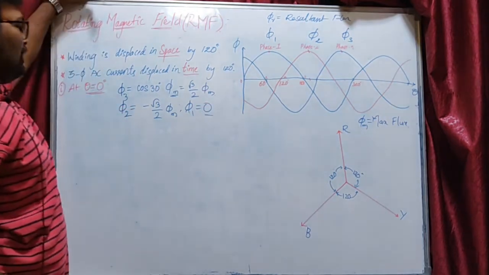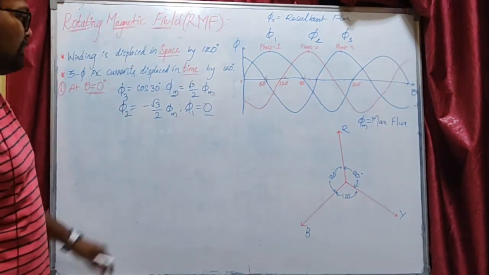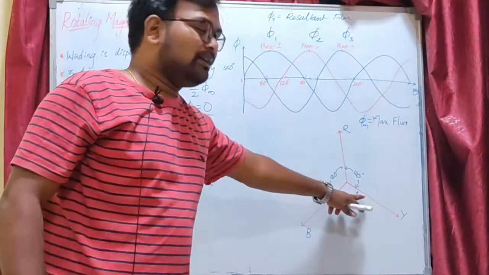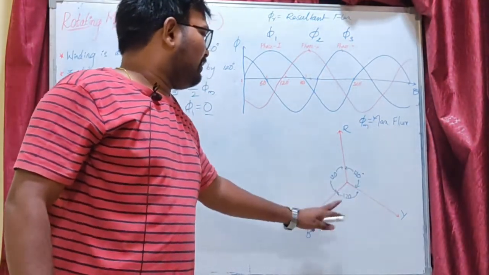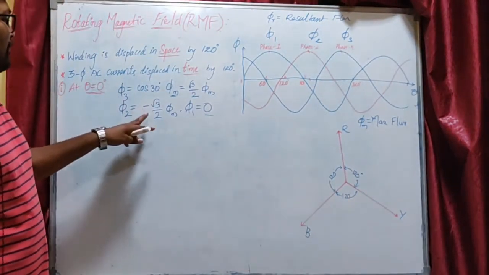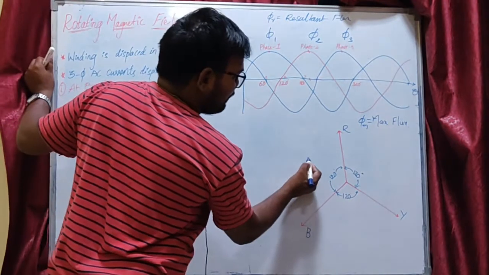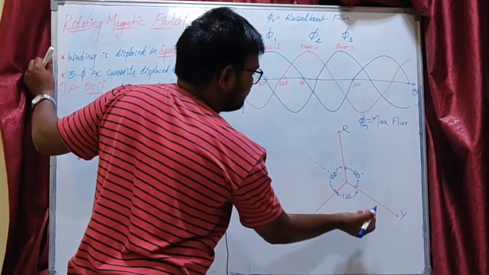Okay. Now I am going to draw phasors for phi 1, phi 2, phi 3. So these are the positive phasors for phi 1, phi 2, phi 3. The negative phasor for phi 2 will be drawn opposite to the positive phasor.